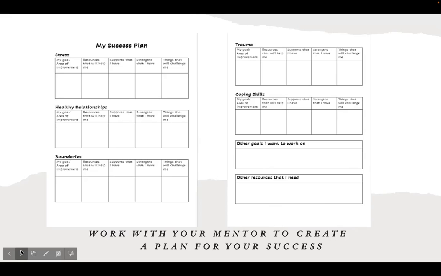You will briefly revisit each module that has been completed, make a goal or identify an area of improvement, find resources that will help support that goal, consider existing supports and strengths to meet that goal, and consider what challenges the student might experience when trying to achieve that goal.